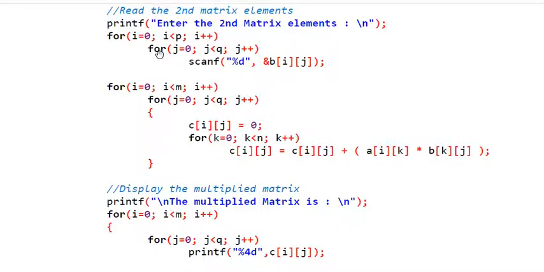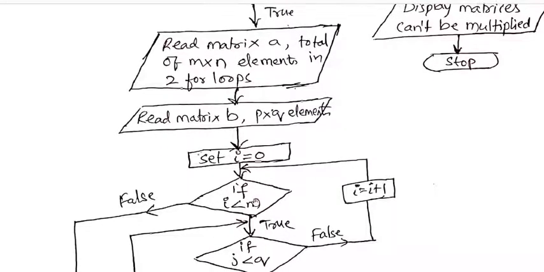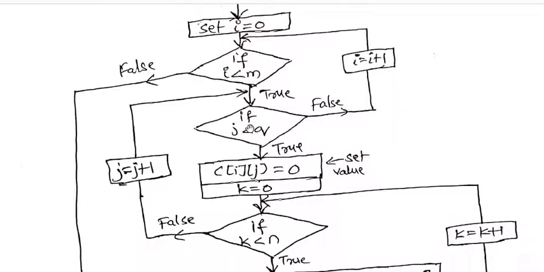And what is the next step? Set j is equal to 0. So set i is equal to 0, then we check the condition. If i is less than m and that is true, here set j is equal to 0, that part was missed.